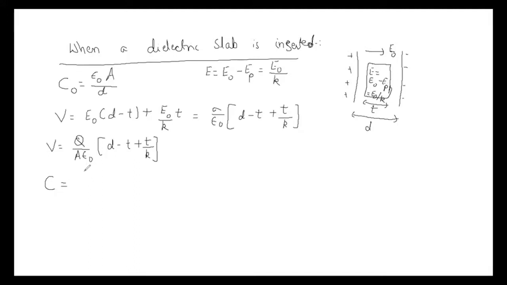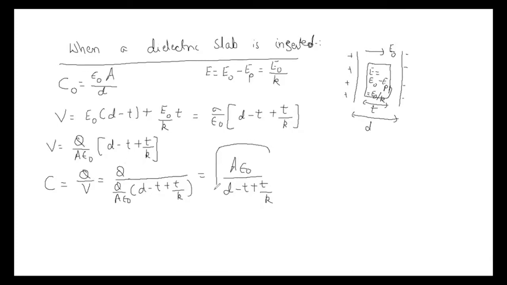Now the capacitance C is equal to Q upon V. So substituting this V over here, we get Q upon A epsilon naught into D minus T plus T upon K. Q and Q cancel out, and this can be written as A epsilon naught upon D minus T plus T upon K, which is the expression for the capacitance when a dielectric slab is inserted between the plates of the capacitor.